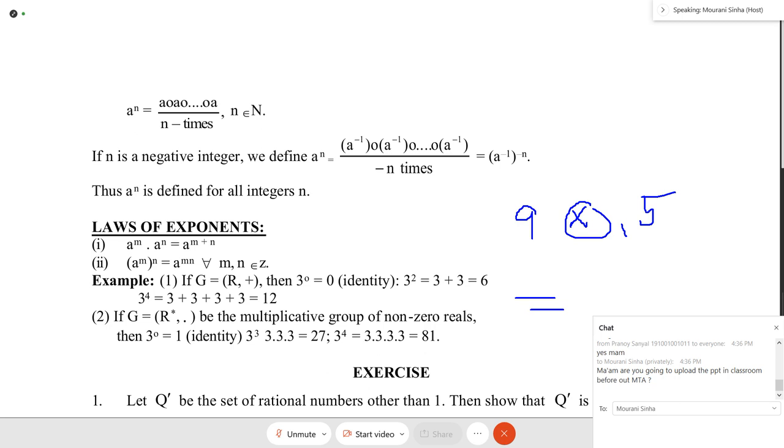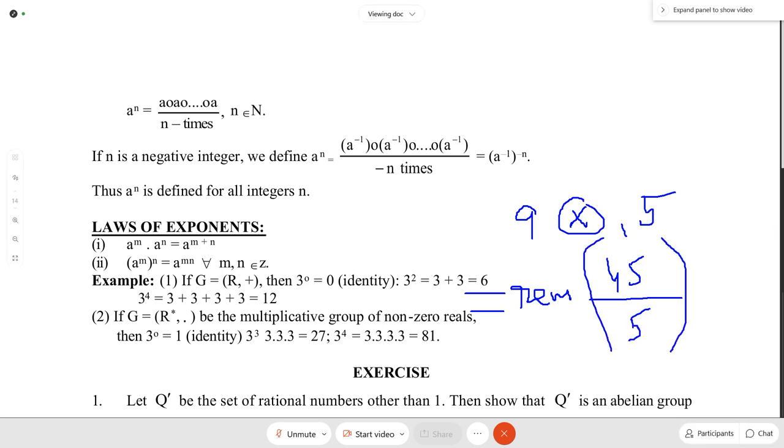So I am multiplying 9 into 5, 45, and I am dividing by 5, and I want to know the remainder. Actually, you have an equal sign here, but it is the remainder of this. Okay, sorry.